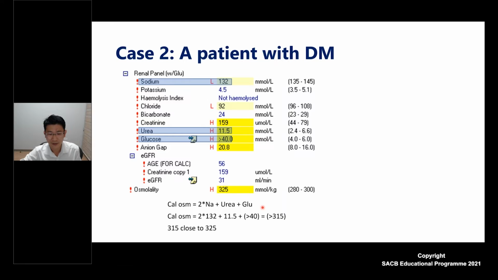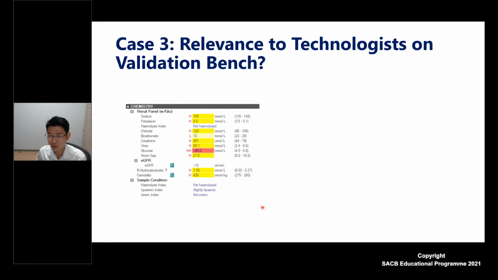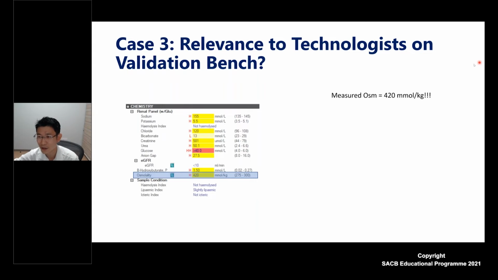So what is the relevance of calculated osmolality to technologists on the bench? Because occasionally we see this kind of result. The measured osmolality in this case is 420. It's a very interesting result. 420, you suspect that.